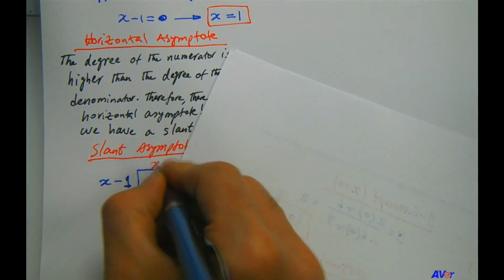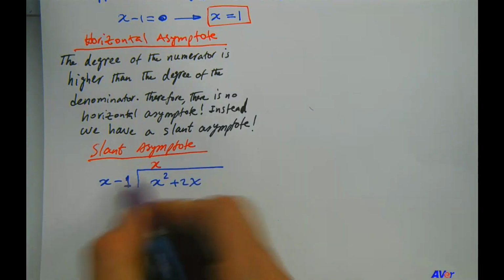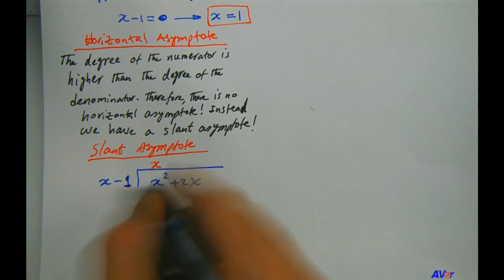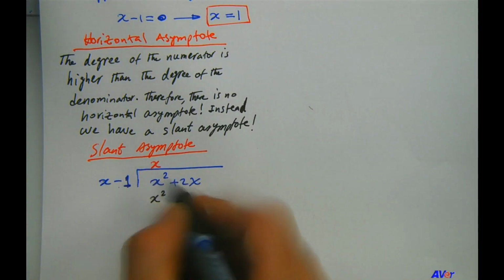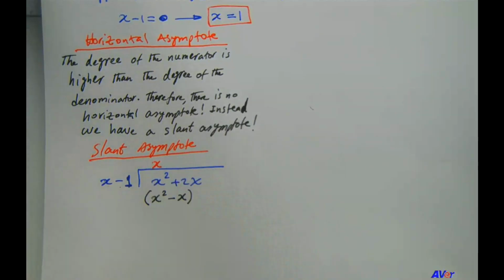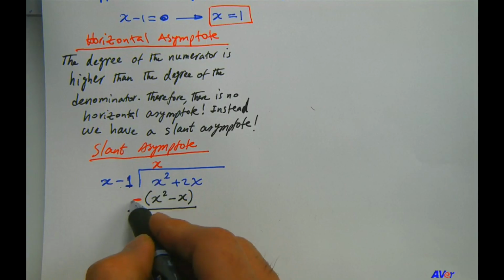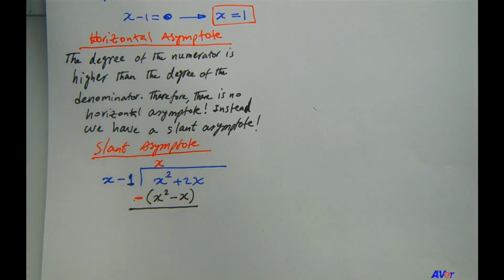Well, just x, right? But we need to distribute the x into the minus 1 as well. So we have x squared, and x times minus 1 is minus x. Put parentheses around that and put a minus in front. Then x squared minus x squared, what do we get? We get 0, right? Those two add up to 0.